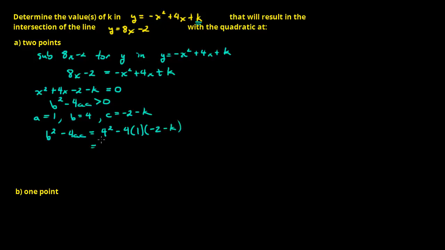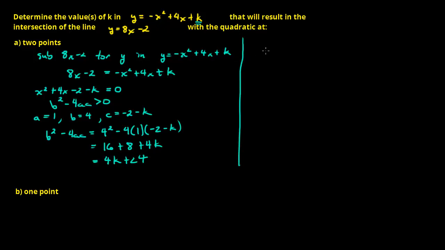If I simplify this, 4 squared is 16, minus 4 times 1 is just negative 4. So I'm distributing negative 4 into negative 2 minus k. Negative 4 times negative 2 is positive 8. Negative 4 times negative k is plus 4k. So b squared minus 4ac is equal to 4k plus 24.